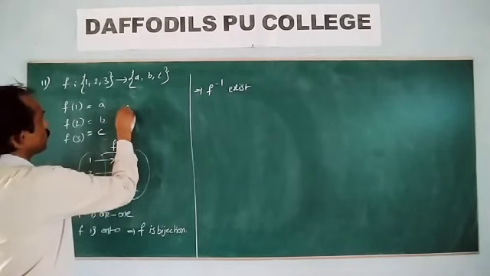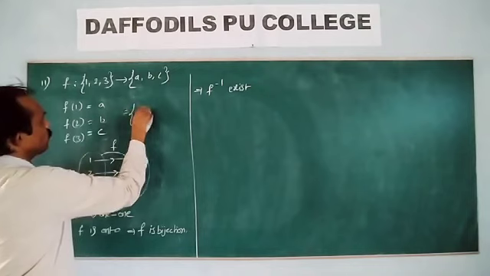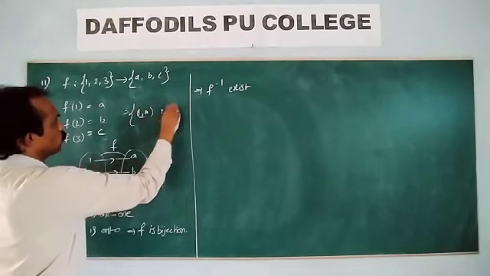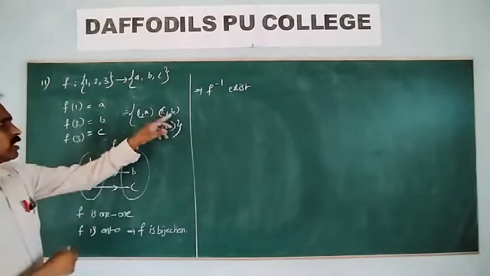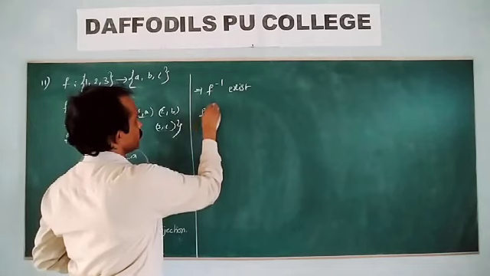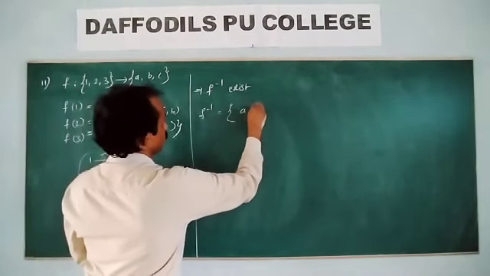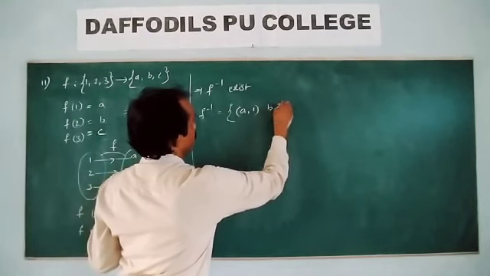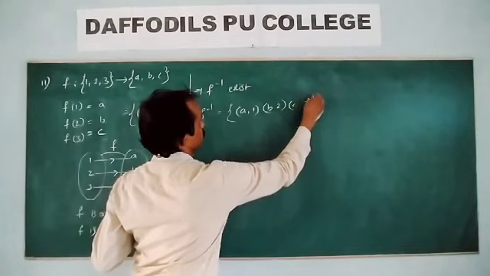How can we write this? F is equal to the set {(1,a), (2,b), (3,c)}. What is f inverse? F inverse is equal to {(a,1), (b,2), (c,3)}.